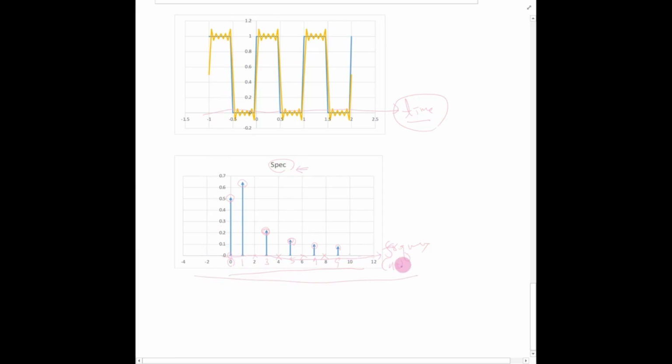This is called the spectrum. It shows the frequency components of the rectangular pulse. The same graph can be plotted over time, but it can also be transformed into the frequency domain. In the frequency domain, it says that this rectangular pulse contains these kinds of harmonic frequencies.